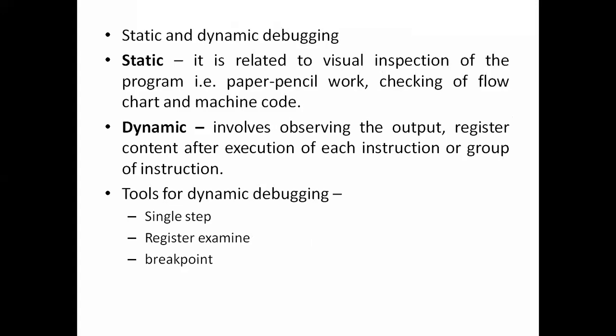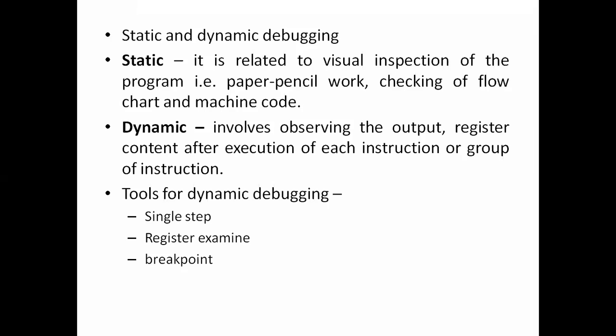Static is related to the visual inspection of the program, that whatever you have drawn in the form of a flowchart, whatever you have conceptualized in the form of an algorithm, and then converting that algorithm into a flowchart, and then converting that flowchart into the codes of the language which you are using for solving your problem.